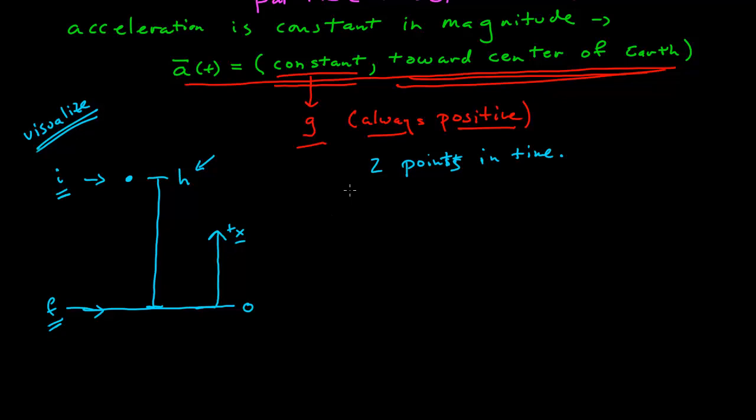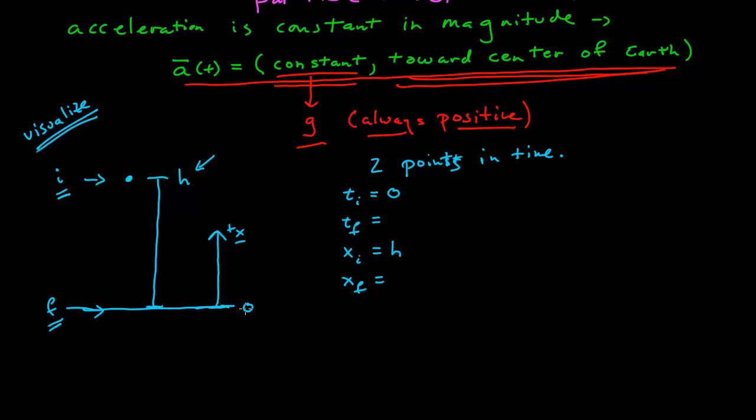So my initial time is the time the ball is released, and I'm going to call that initial time 0. I have the choice to determine when the 0 of time is, and so I'm going to choose it to be my initial time. The final time is t sub f, and I don't know what that is. So what is the initial position? Do I know that? I do. It's h, and it's a positive number. It's in the positive direction from 0. The final position, well, what is the position at the final time?